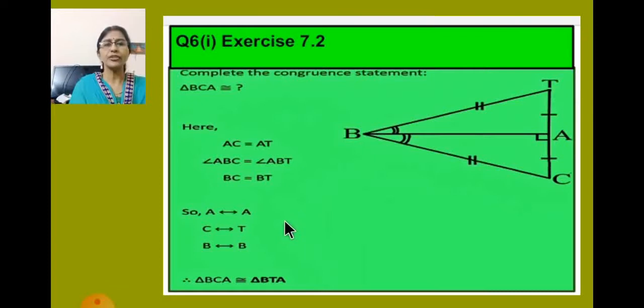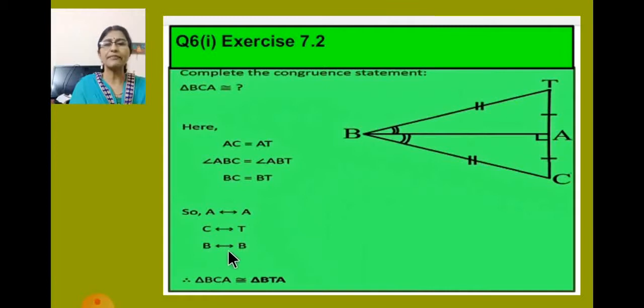Now the question is we have to write down the vertices and then we will name the triangle. So here you can see these are the 2 points which are common to both the triangles. So A corresponds to A and then C corresponds to T and B corresponds to B, because B is common to both the triangles, as well as A is the point which is common to both the triangles.